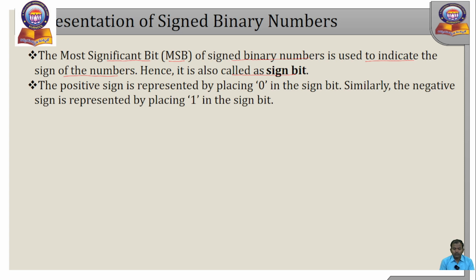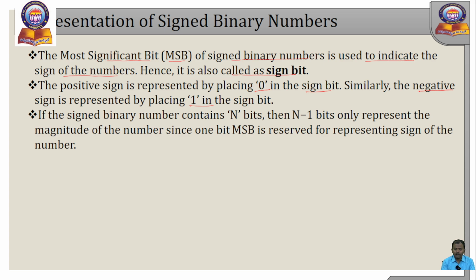The positive sign is represented by placing a 0 in the sign bit position. Similarly, we place 1 as the sign bit for negative numbers.